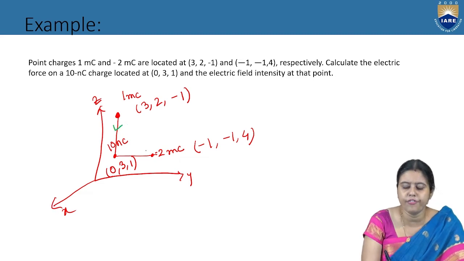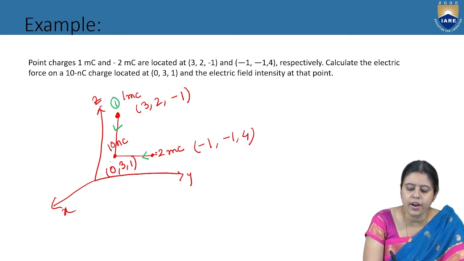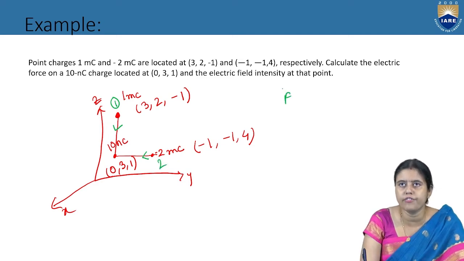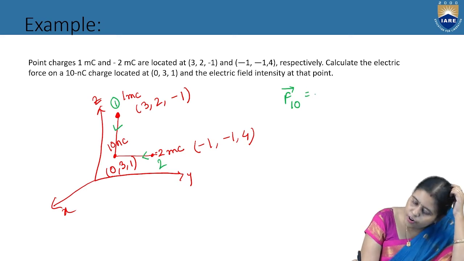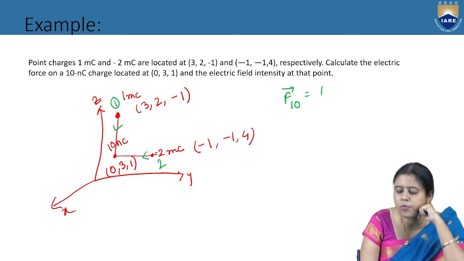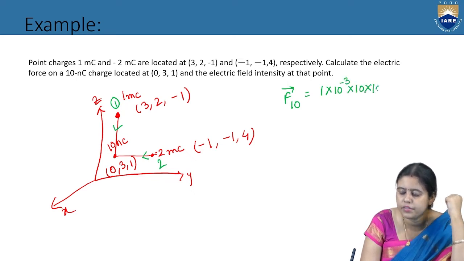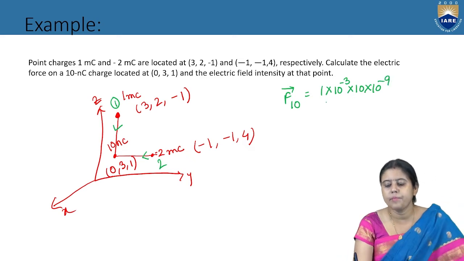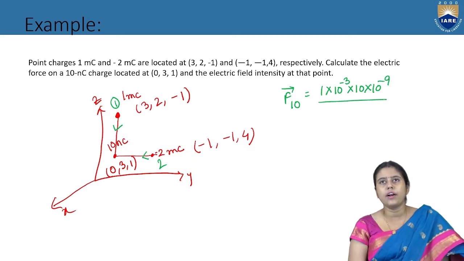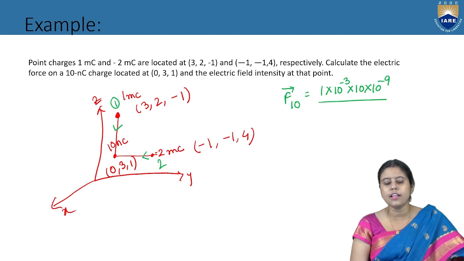So this is one force and this is another force. If this charge is 1 and this is 0, this is 2. First we have to calculate the force 10. The formula is Q1, 1 millicoulomb, times 10 nanocoulomb divided by R square.